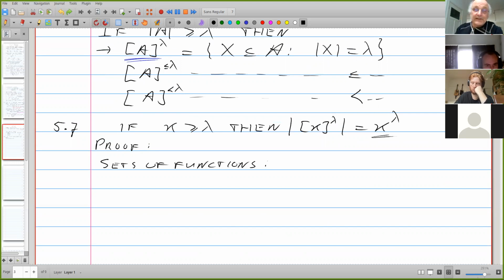If we look at the set of functions interpretation, then kappa to the lambda, the set of functions, is a subset of... I should turn that around probably.